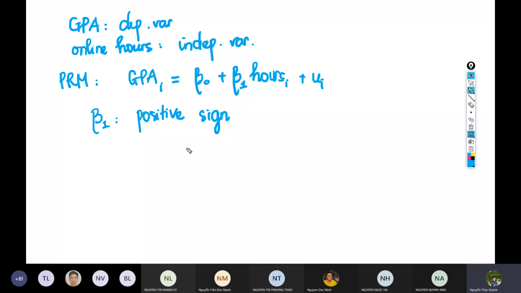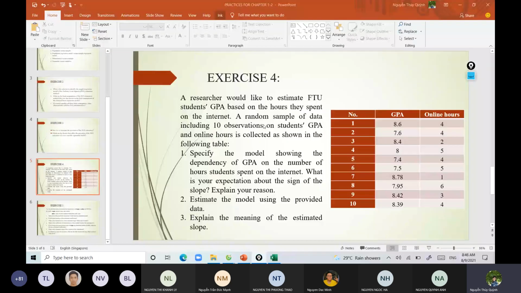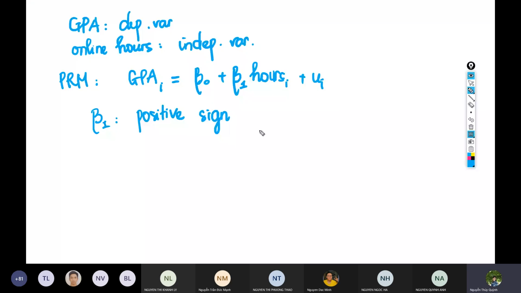Actually, here it is the hours spent on the internet. It's not so clear here, but it's the hours they spend on the internet for recreation activity. So I think it's going to be negative. Okay, so it's possibly positive or negative. Okay, negative sign.